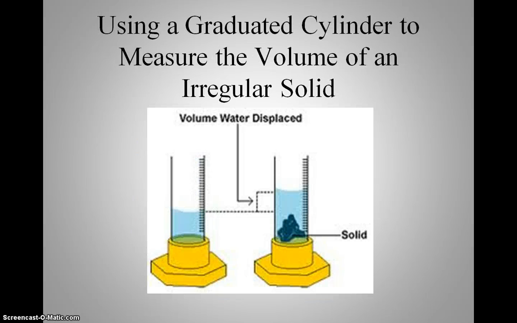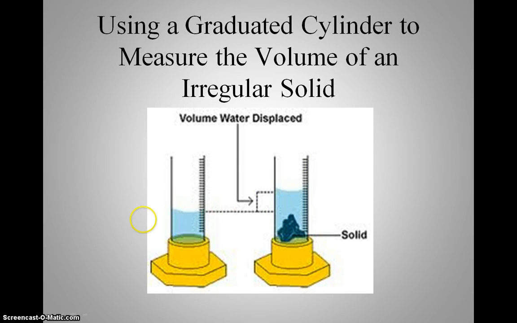All right, now let's say we wanted to measure the volume of a solid that is irregularly shaped. Well, how can we do that if we can't measure length times width times height? Well, we can do this by using a graduated cylinder as well. So if we put a specific amount of liquid, typically water, into a graduated cylinder, and then we placed a solid object into that graduated cylinder, the solid object would displace the water.